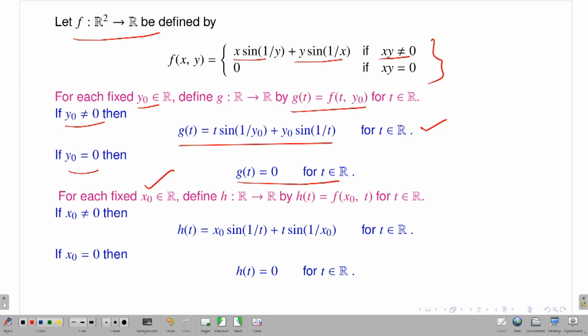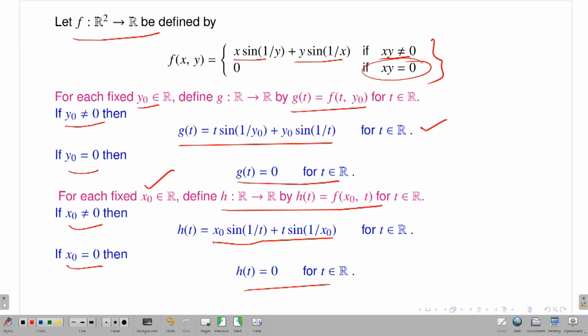Similarly, if I fix x naught, I have a function h defined by h of t equal to f of x naught comma t. If x naught is non-zero, this is x naught sine 1 by t plus t times sine 1 by x naught, and if x naught is 0, then this is equal to 0.